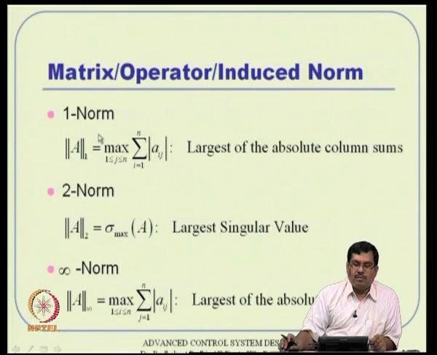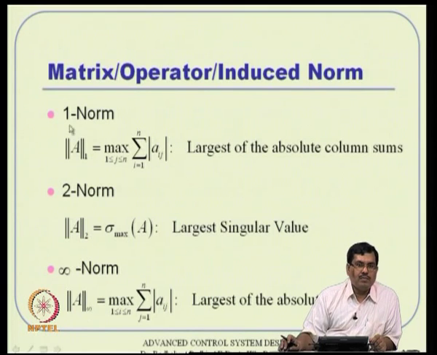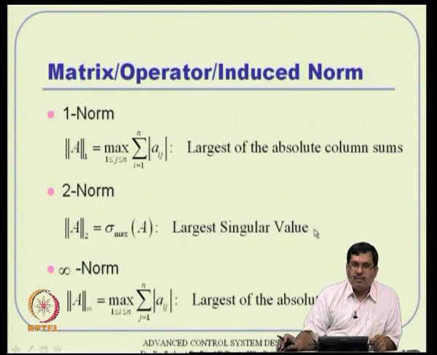It tells us what the one norm, two norm and infinity norm are. Again as I told, these are the three quantities that we will worry about most of the time. Let us talk about the two norm, which is very popular, which is nothing but the maximum singular value. Singular value is something that I will take you through in the definition sense.